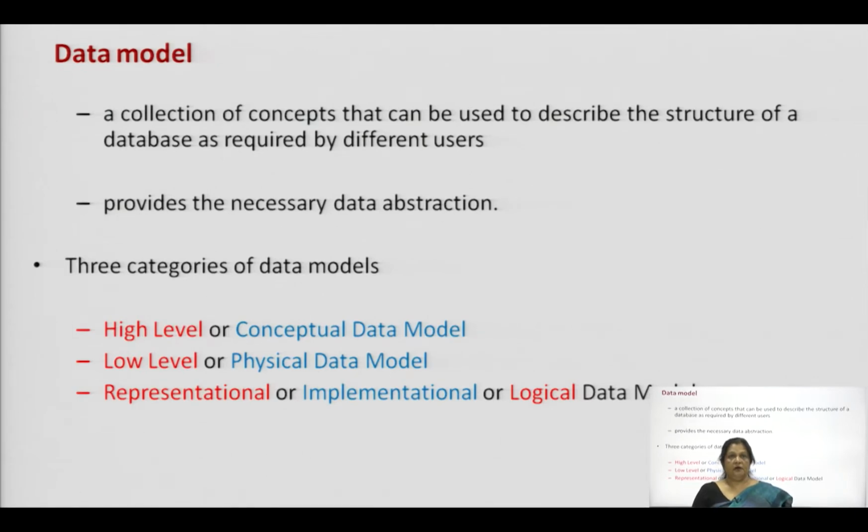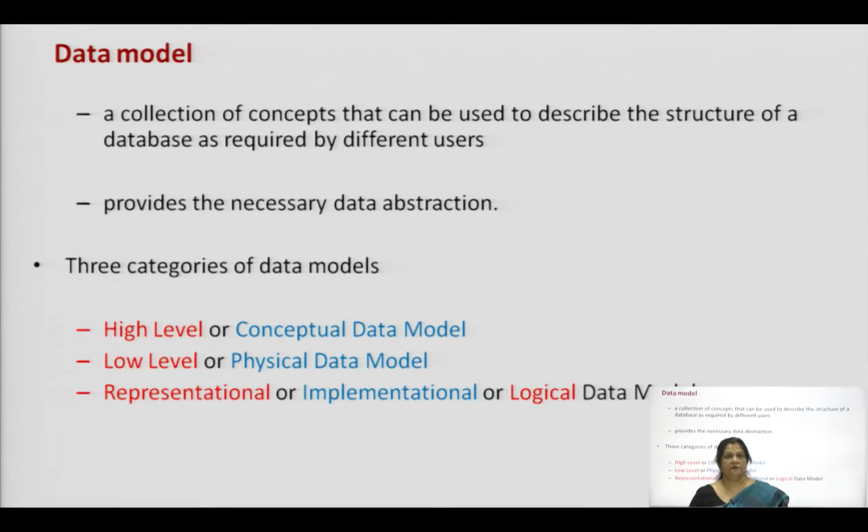A data model is a collection of concepts that can be used to describe the structure of a database as required by the various users, and it provides this necessary abstraction that we have discussed. We have seen earlier that there are different levels of users for the database, such as the administrators, the database designers, the end users, the software engineers.